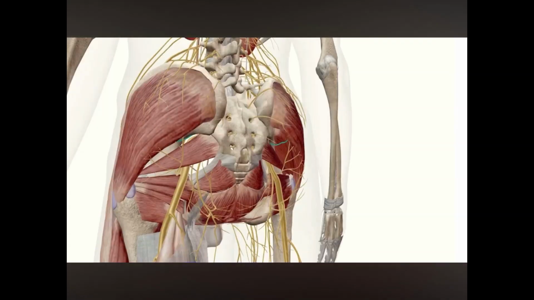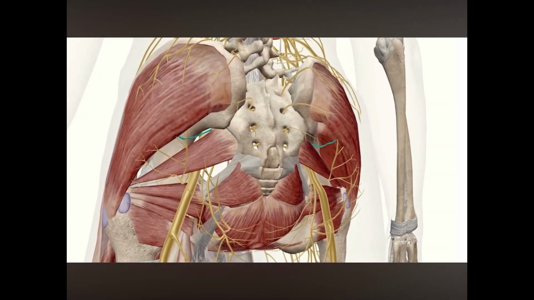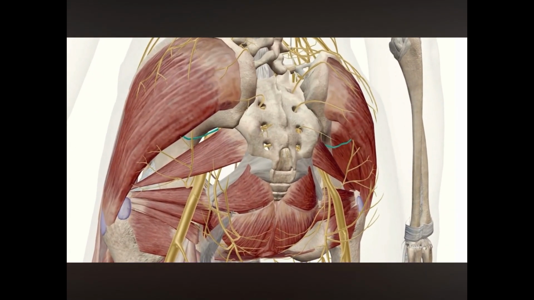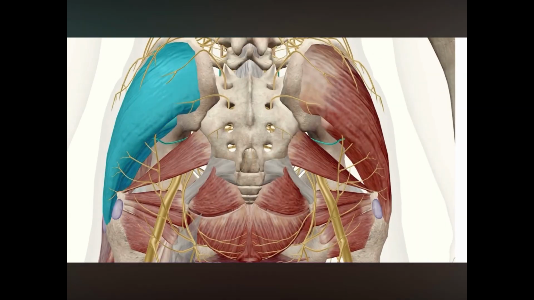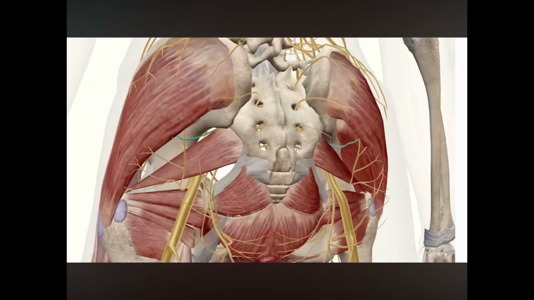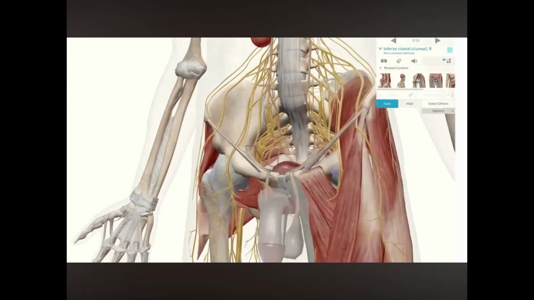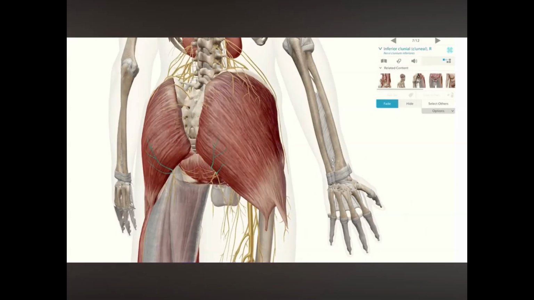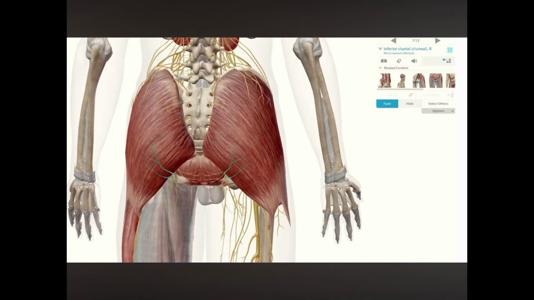Well, the superior gluteal nerve passes through the greater sciatic notch to innervate the gluteus medius, gluteus minimus, and the tensor fascia lata. Now, our next one, the inferior gluteal nerve, also passes through the greater sciatic notch, and it's going to innervate the gluteus maximus muscle.